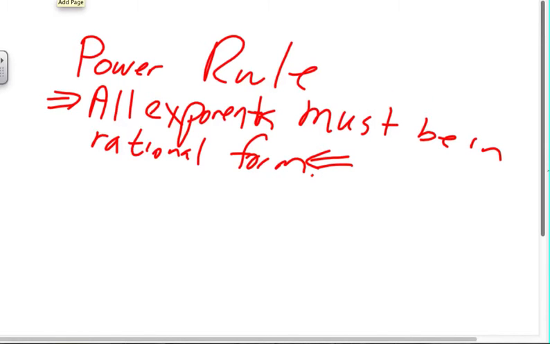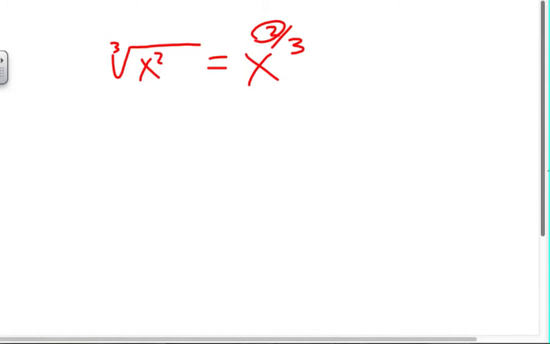Let's do a quick review on rational exponents. If I have a radical like this, you rewrite that as a rational exponent as x to the 2/3, where the top one is the power, the bottom one is your root.